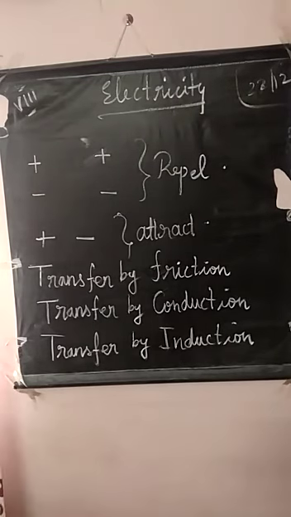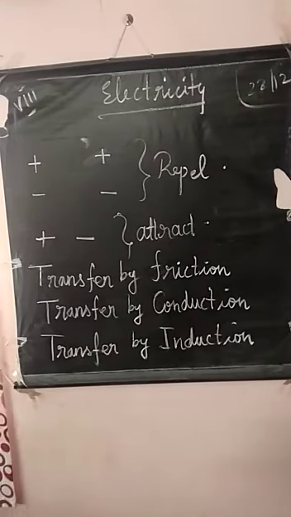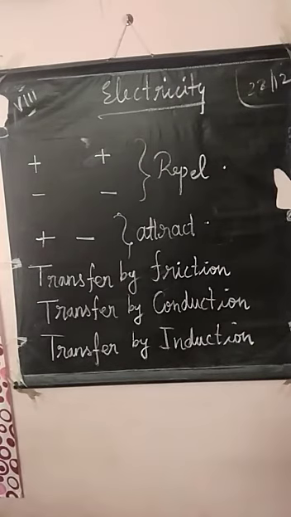What is meant by charges? So electric charge is the basic property of matter. Okay, this positive charge and negative charge. So this charge is the basic property of matter to attract or repel each other.